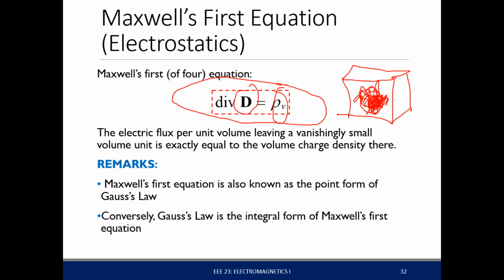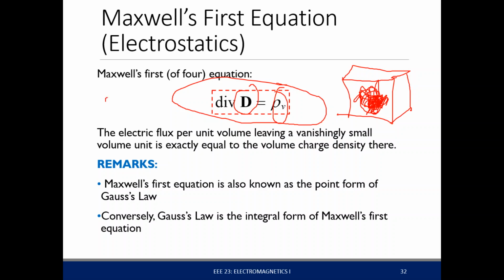Okay, so how do you interpret an equation like this? What is the divergence in the first place? The divergence is actually a measure of how much flux is going out from one point. So how much flux is going out of one point? Take note of that.